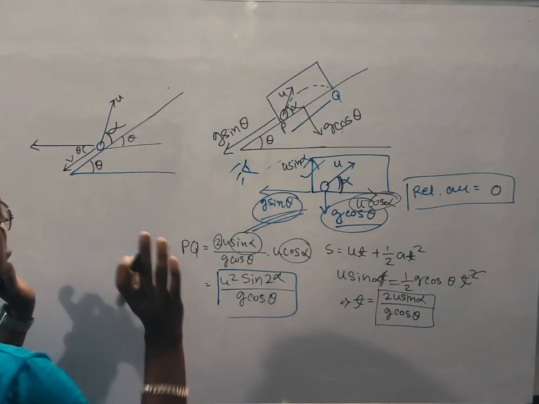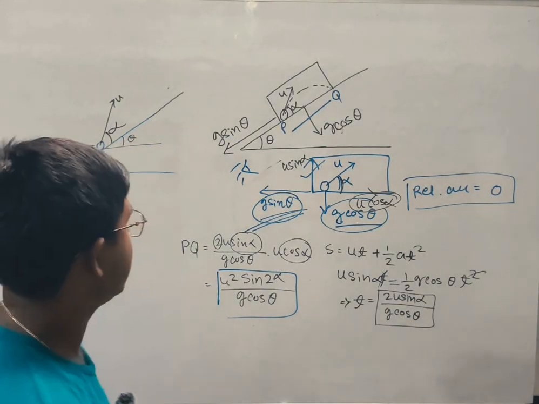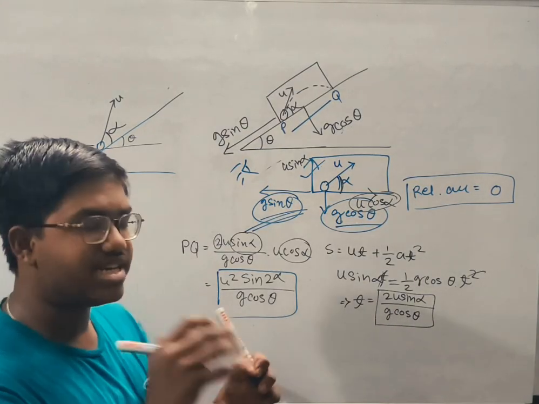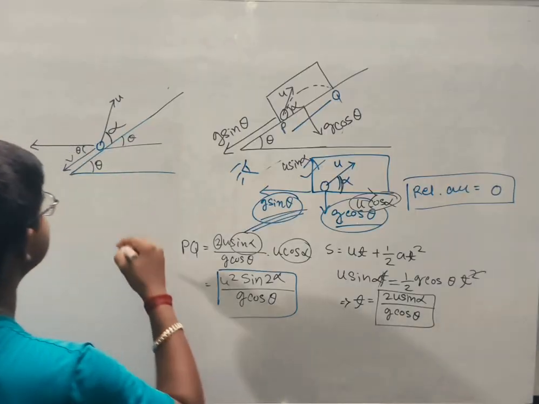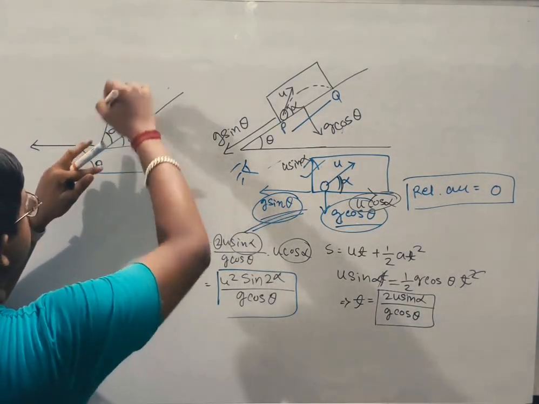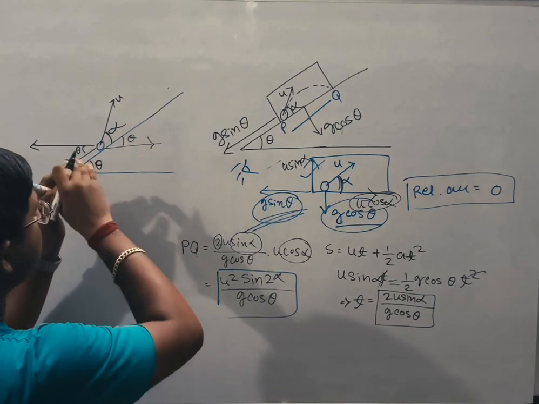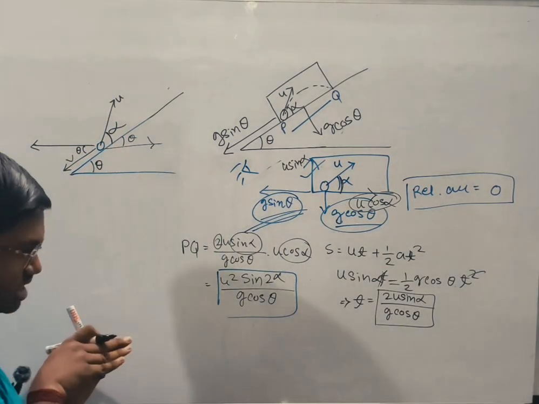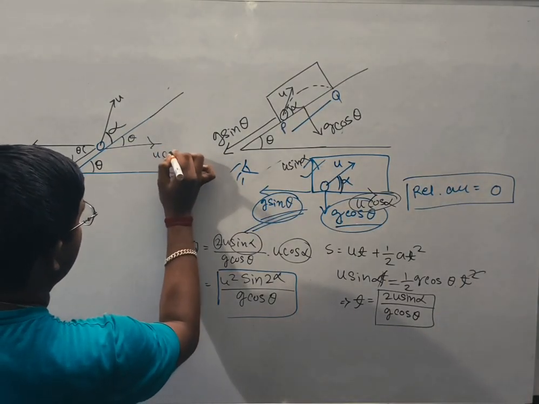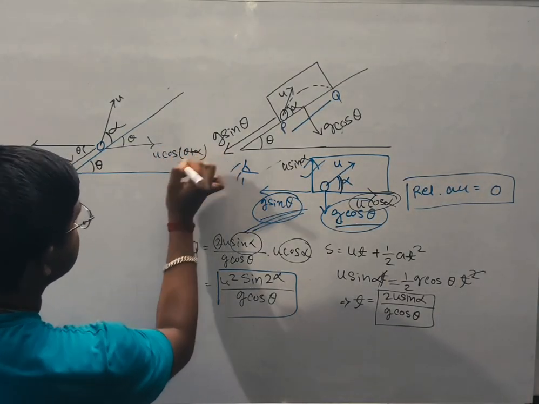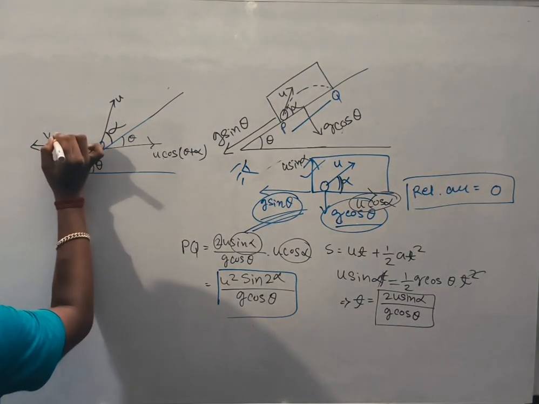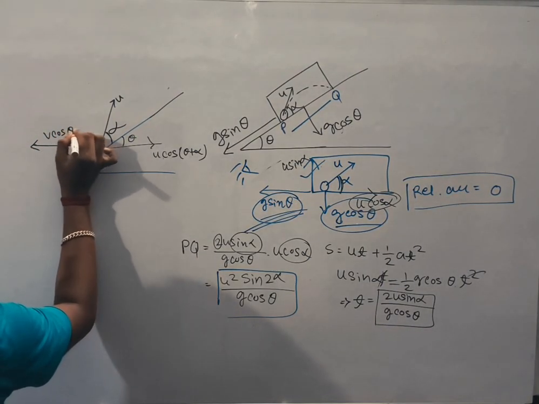Whenever someone watches that the horizontal displacement is 0, then we can say that the initial velocity in the horizontal direction is u cos of theta plus alpha, and here the velocity v cos theta is working.